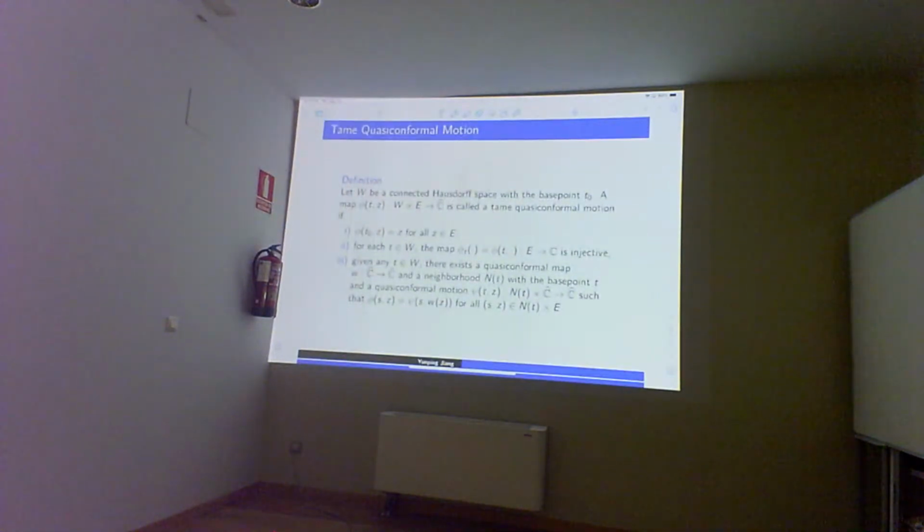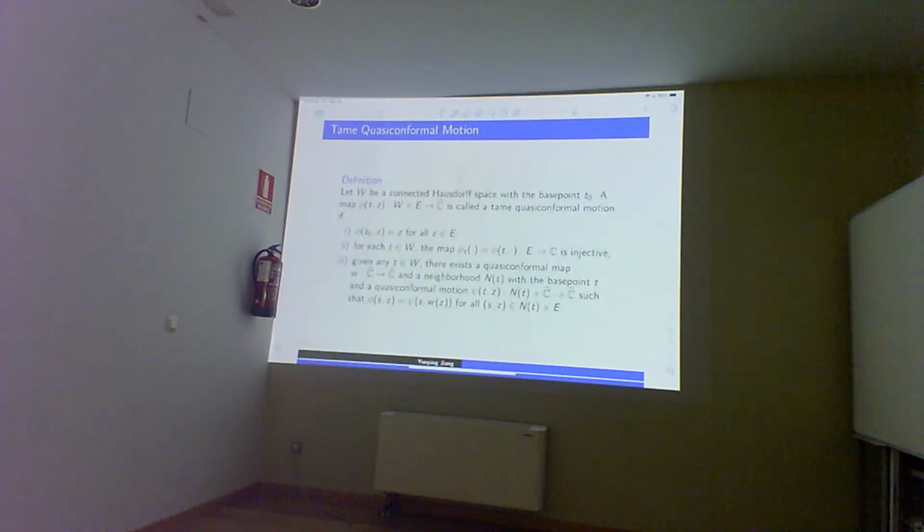Now we come to the so-called tame quasi-conformal motion. This definition was given because we sent a paper with the original definition, and it was said, okay, there is a better definition, this one. Actually, that is a better definition. So what is this set? Let W be a connected Hausdorff space with base point t0.